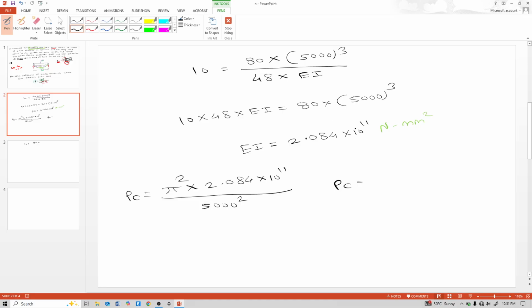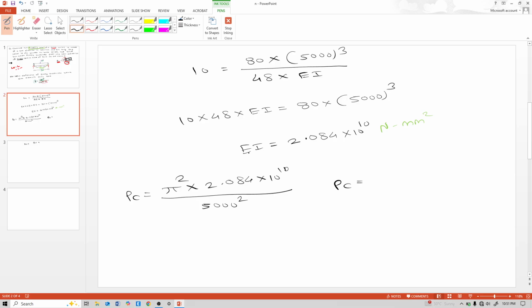Wait, calculate this again because this is not 10 raised to 11. 80 into 5000 cube divided by 10 into 48, it is 10 raised to 10. By mistake, it is written as 10 raised to 11. It is 10 raised to 10. So here also 10 raised to 10. So pi square into 2.084 into 10 raised to 10 divided by 5000 square.